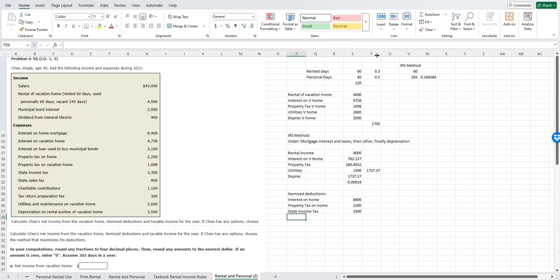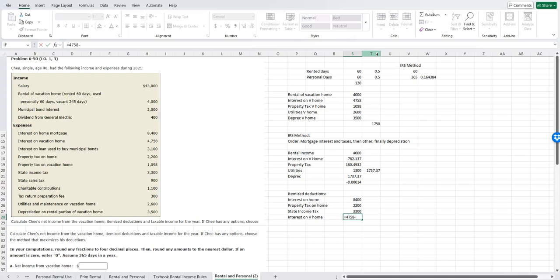Now let's see how much itemized deductions I can have on that rental home. So I had interest on vacation home, and it was a total of $47.58.